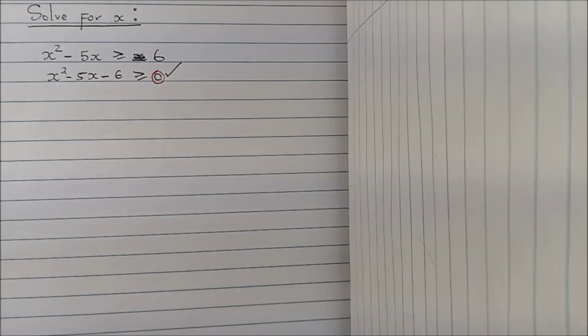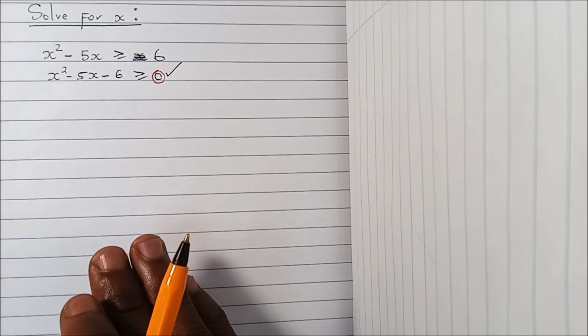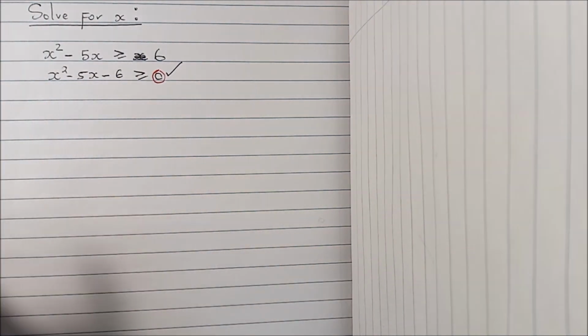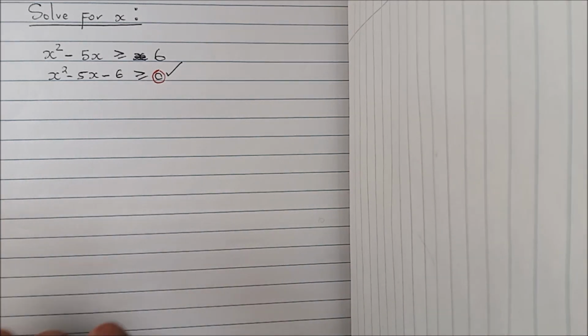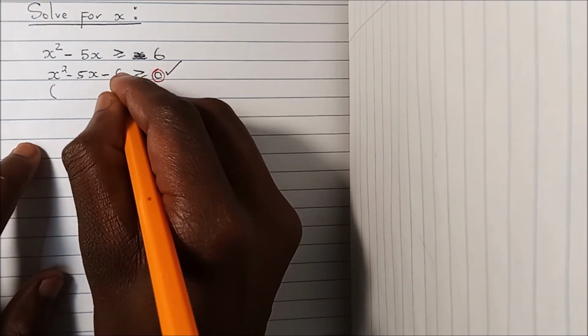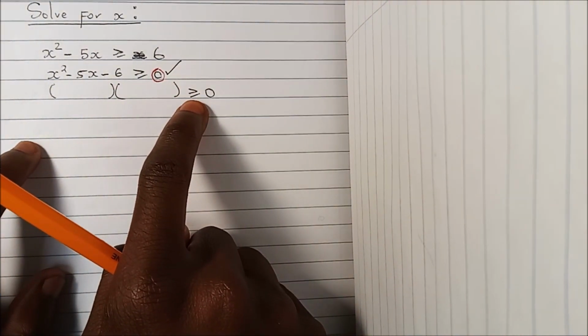Now you can go ahead and use the quadratic formula to solve for x here, but I'm just going to factorize and then solve for x. Even if you use the quadratic formula, it's still fine. So if we factorize this, don't forget the inequality.